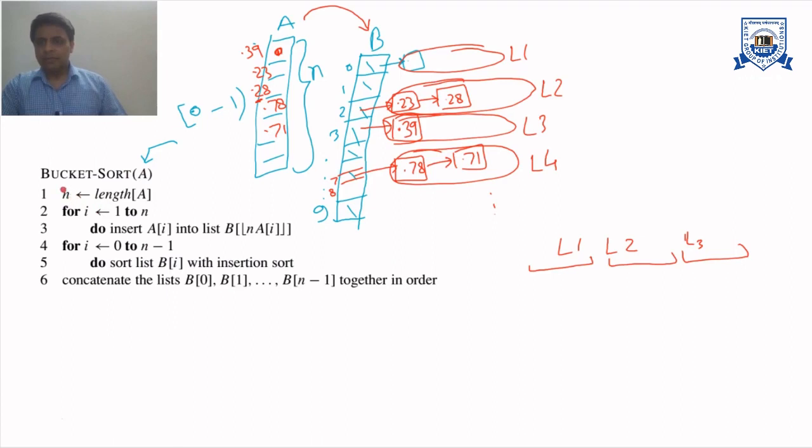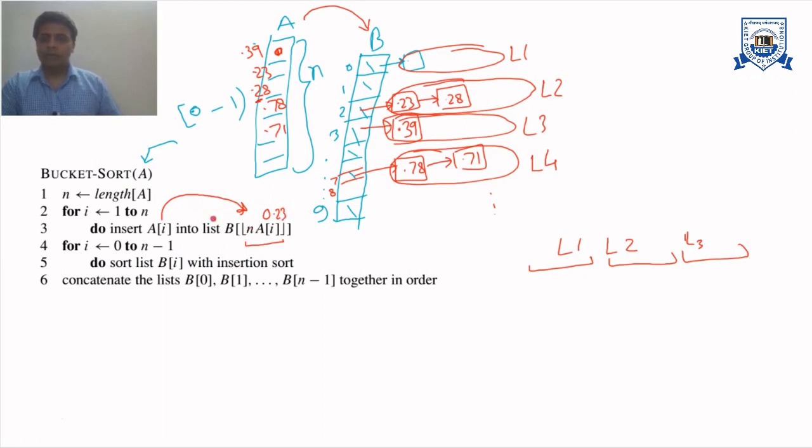In line number 1, we simply find the value of n, how many elements there are. Then we copy data from array A to the corresponding position in B. What is the corresponding position in B? It is n multiplied by A[i], and taking the floor of that is the index number of B. So suppose I am talking about 0.23, and n is the number of elements.